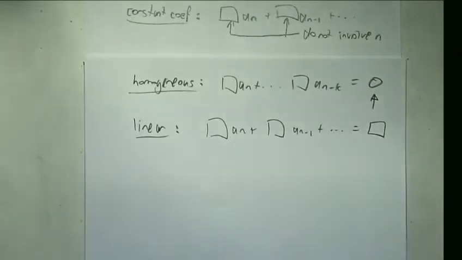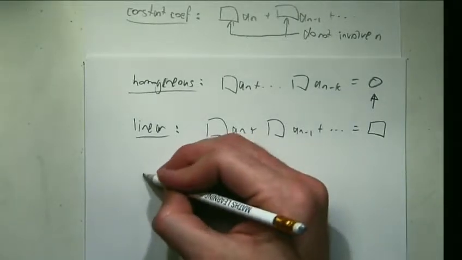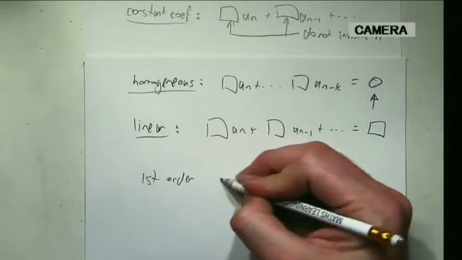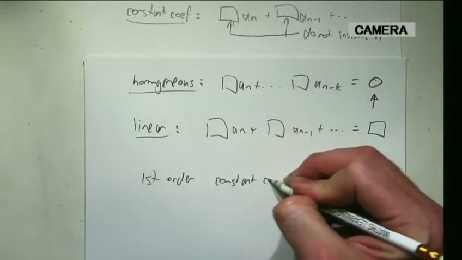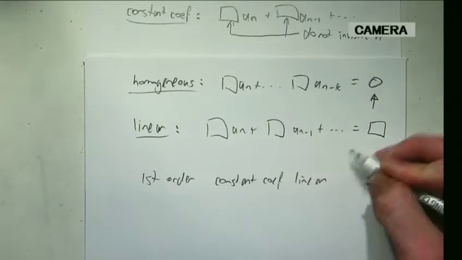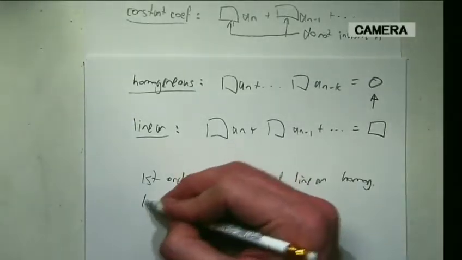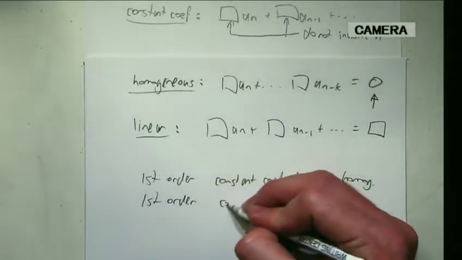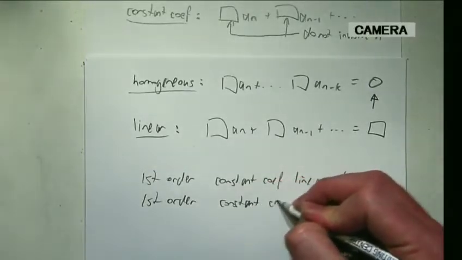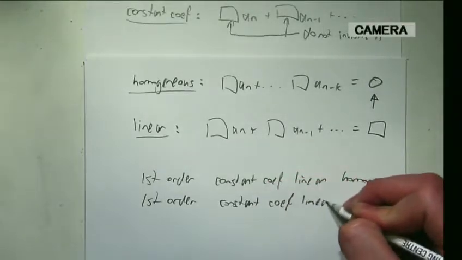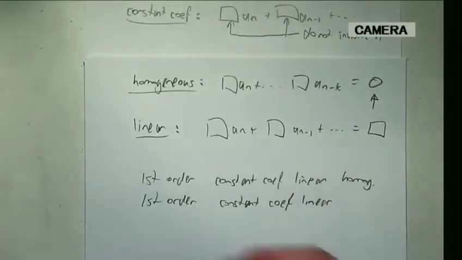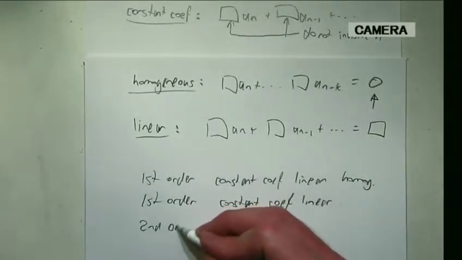So, yes. So the only ones that we do in Maths for IT is that we have first and second order constant coefficient linear, homogeneous and non-homogeneous, but with that bit being a constant. Okay, they're the only ones. So we've got basically 4 flavours in Maths for IT. So we have first order constant coefficient linear homogeneous, and we have first order constant coefficient linear, sorry, that's really bad writing, non-homogeneous, and we also have second order of both of those.